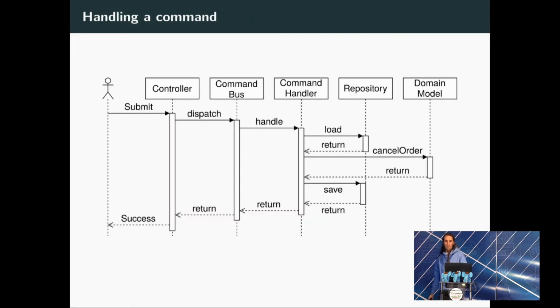Going to start where we left off with the task-driven UI. You've got that nice order cancelled UI. Users click the submit button. What actually happens? So the first thing that it hits is a controller. If you do MVC, obviously if you watched the previous talk, you might have a slightly different approach, but it's not massively important here.